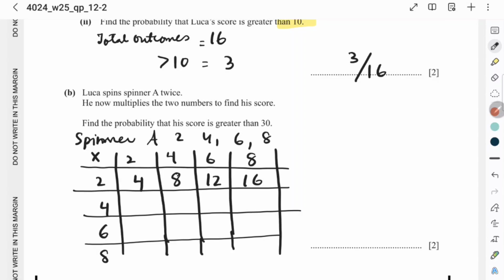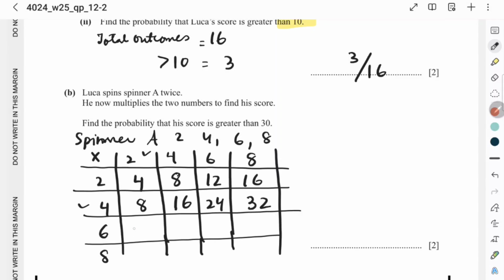For example, on the first time if you spin you got 4, and the second time on the same spinner you got 2. So the product will be 8, and then 4 times 4 is 16, 4 times 6 is 24, 4 times 8 is 32.